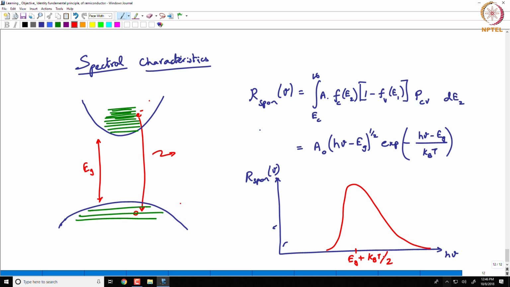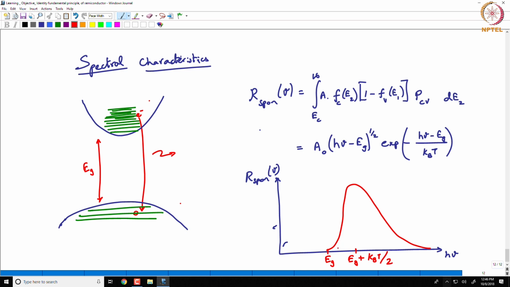So it is just beyond the band edge that you are going to have the maximum. This emission cannot be less than Eg, and it will peak at a value corresponding to Eg plus kBT over 2.